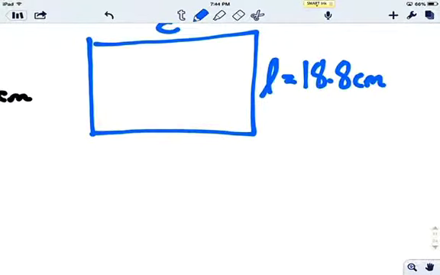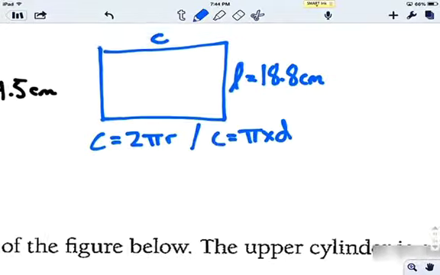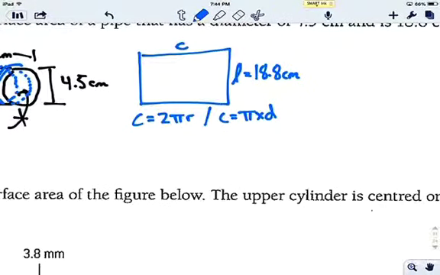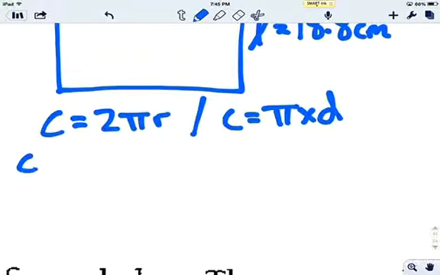Now, last time I showed you two formulas for circumference. Circumference is equal to 2 times pi times r, or we have this formula here. Circumference is equal to pi times d, which is diameter. Well, in this question, we've been given diameter. So why don't we just use that one instead here? So we're going to use the diameter one. It's 4.5. So the circumference is equal to pi times my diameter, which is 4.5 centimeters.